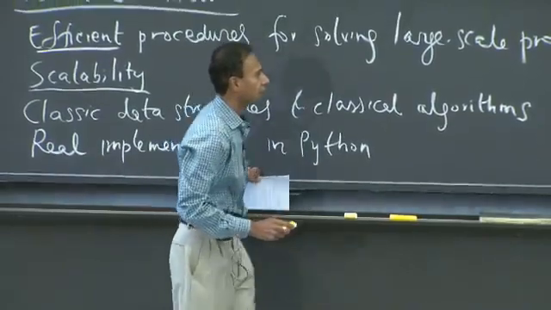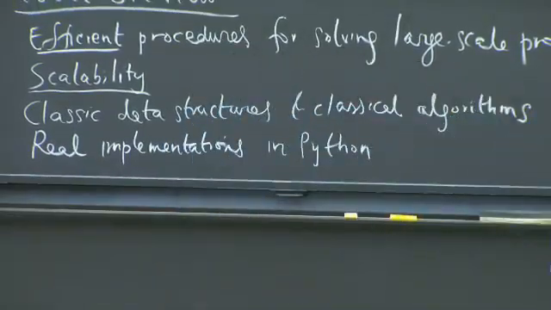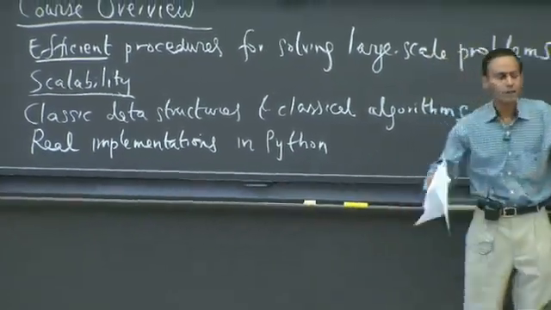And in particular, each of the problem sets in this class are going to have both a theory part to them and a programming part to them. So hopefully it'll all tie together.